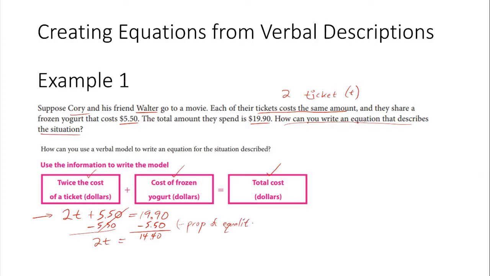We had to get rid of that plus 5.50. And then how do you get rid of a multiplying 2, that coefficient in front of your t variable? Division property. So that's the division property of equality.